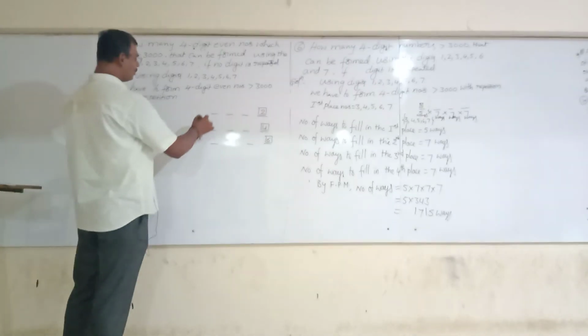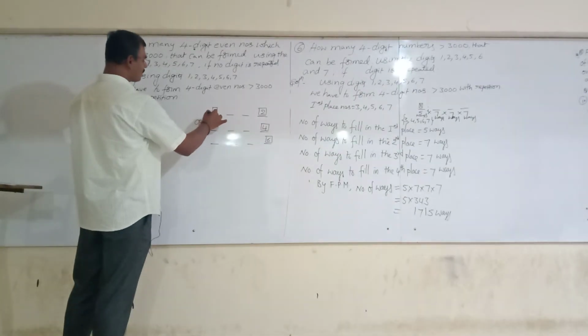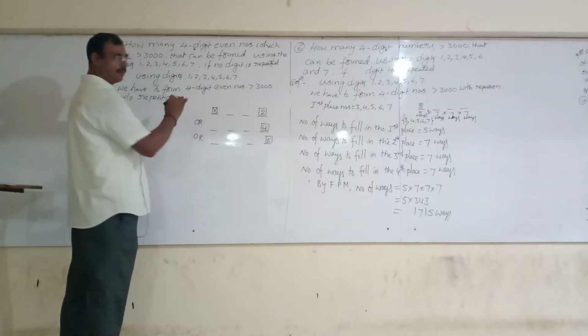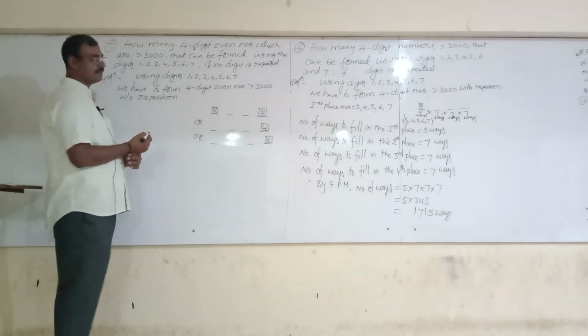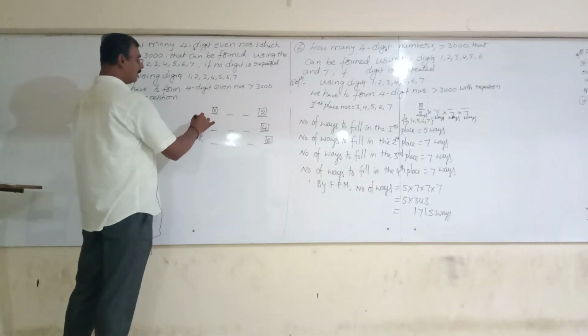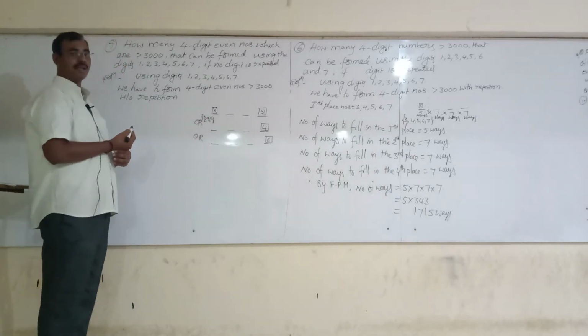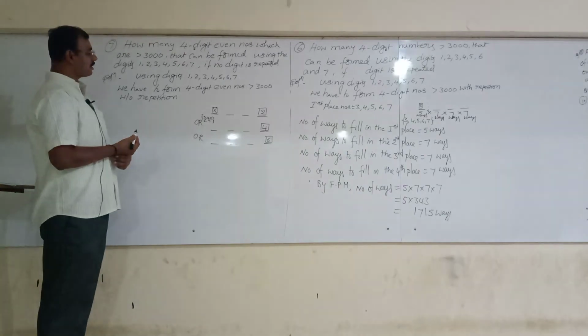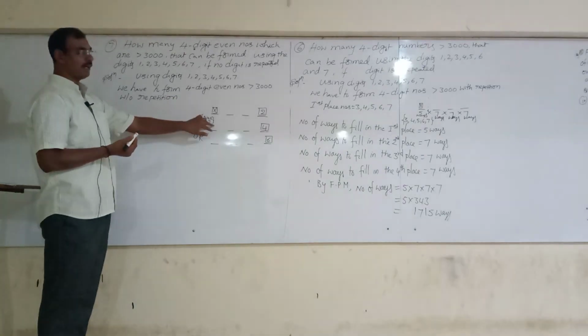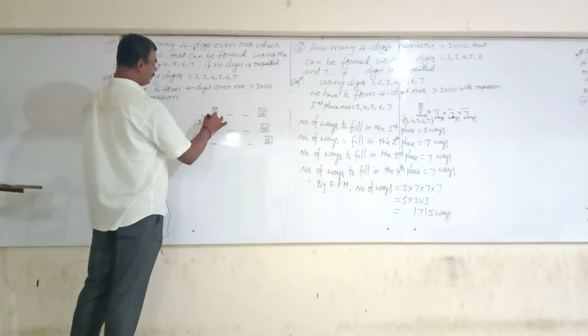In the leading position, which digits are allowed here? The unit place we have already done. That is 3, 4, 5, 6, 7. These 5 digits are allowed in the leading place. How many ways can I fill it?